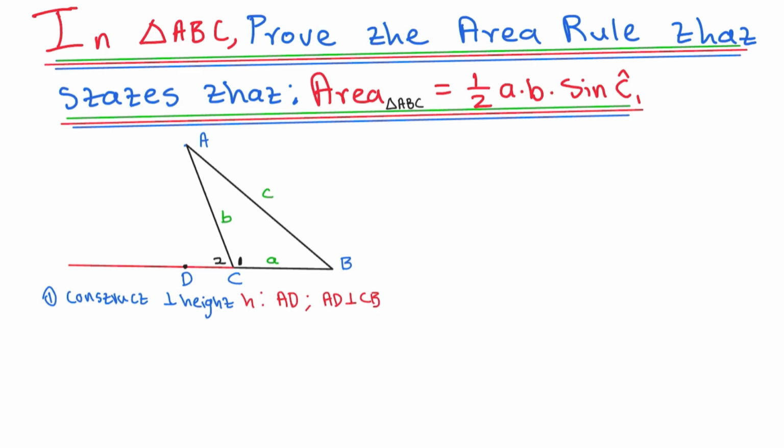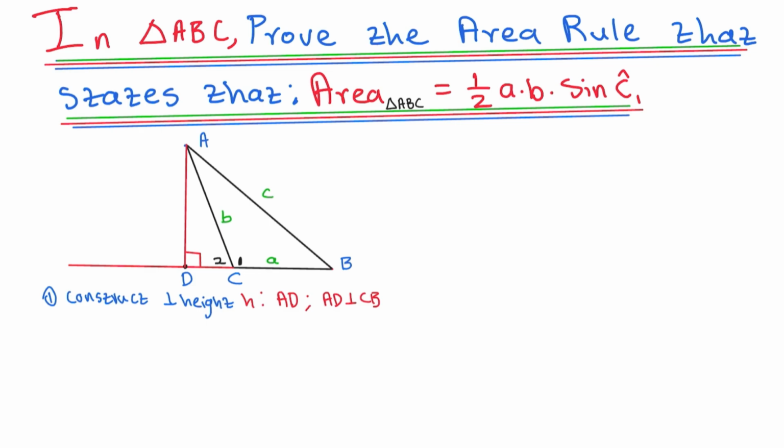So you're going to construct it here. Let me just make it a straight line, from here to here, and it's going to be perpendicular to the base of CB. Remember, CB was extended to make this line here.